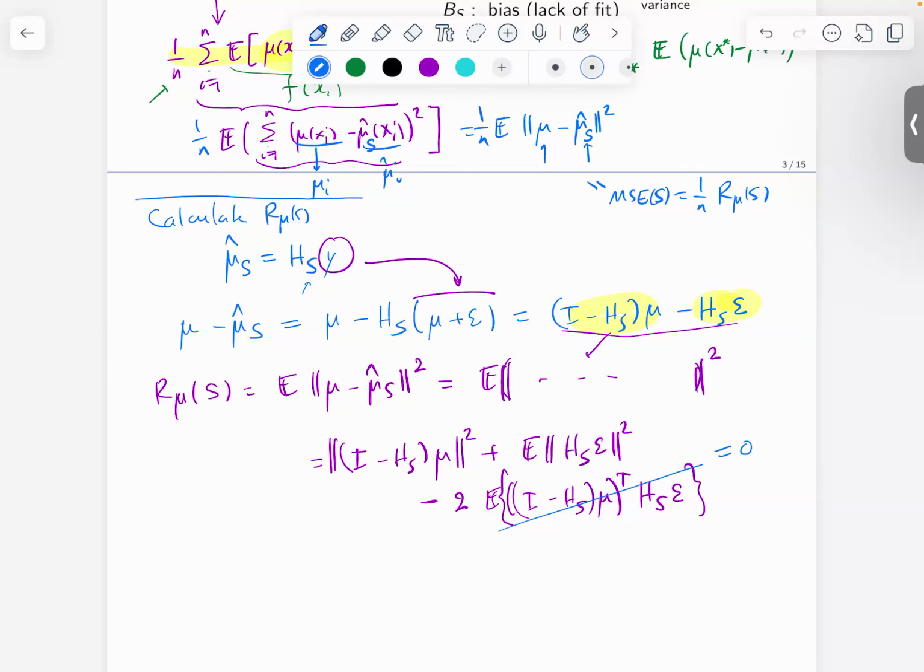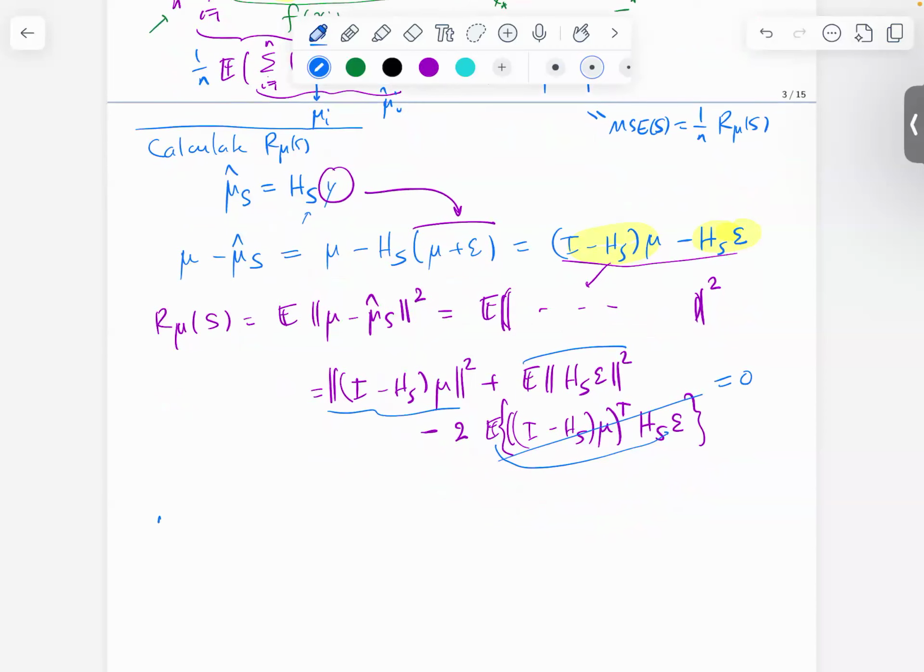This whole matrix is a linear operator, so I can move the expectation past it, applied to the epsilon directly, and the expectation of epsilon is 0. I encourage you to argue this for yourself. So I'm left with this term, and then this term.